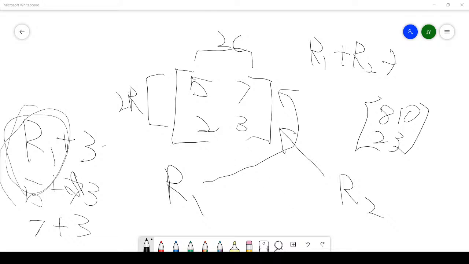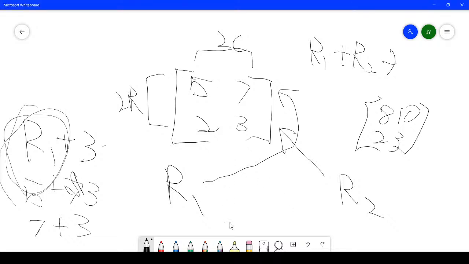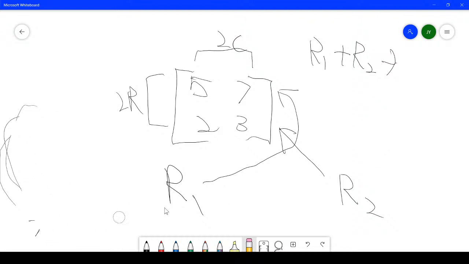Row 1 was that. Oh, and let's change this back. We're not talking about this one here. We're just talking about 5, 7, 2, 3. Starting all over from the base here.